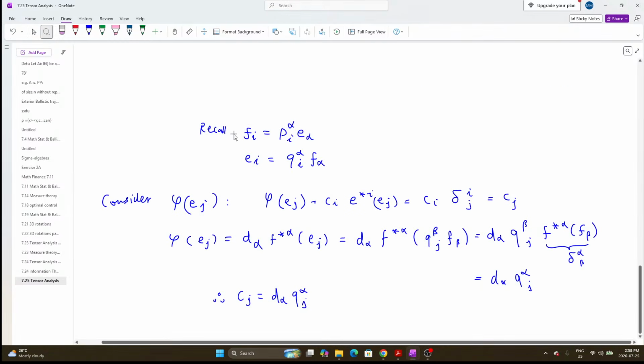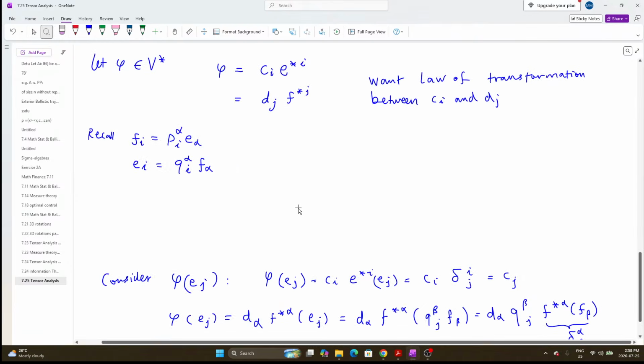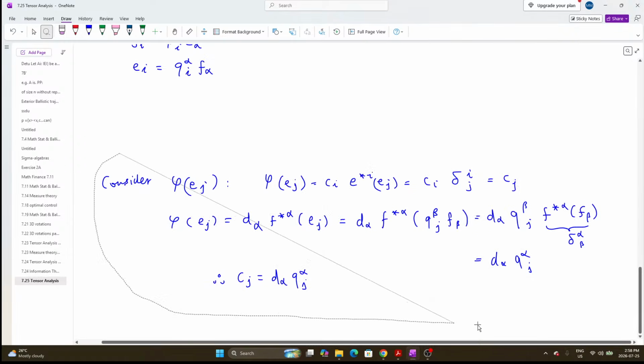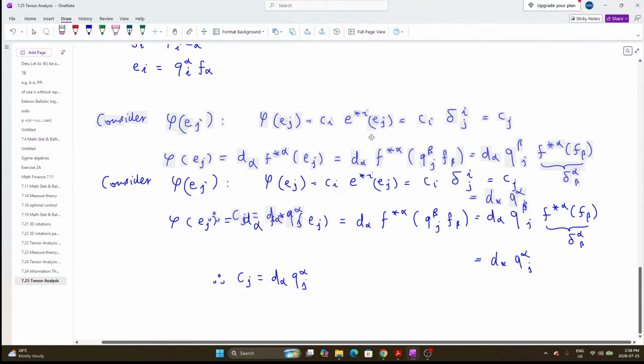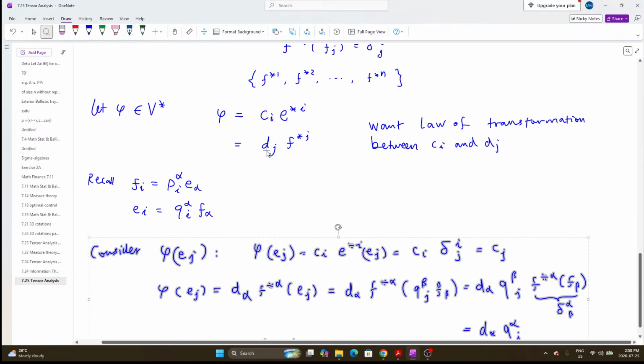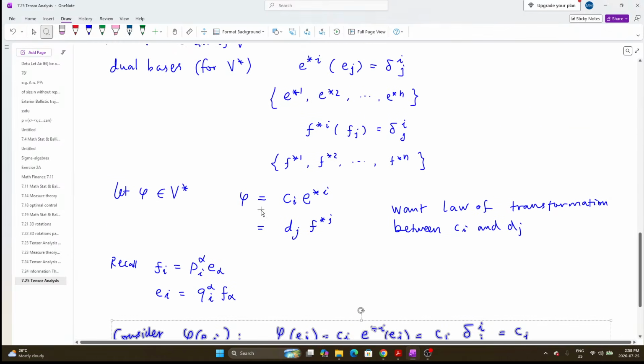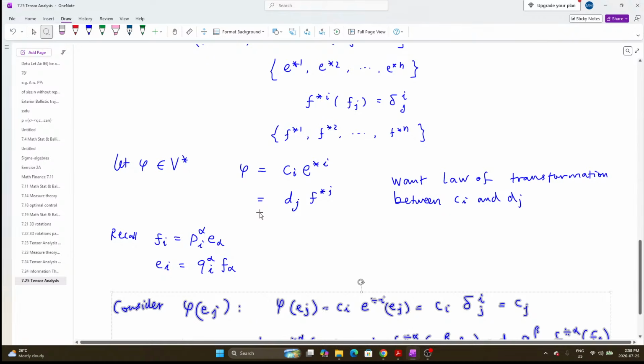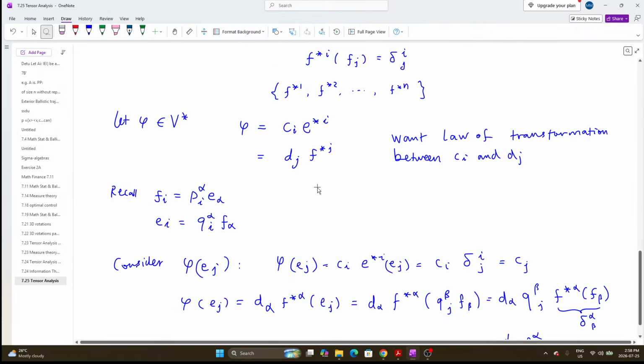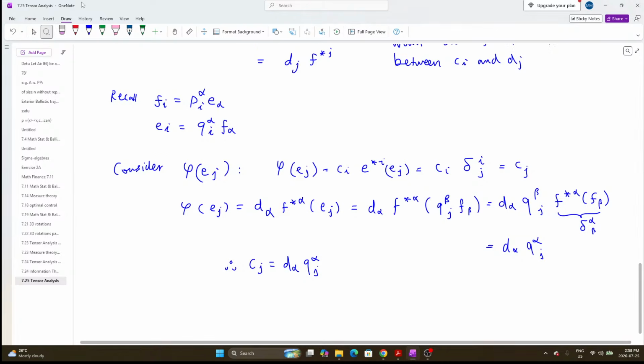So that's how we get the transformation law between the components of a one-form, or linear functional, same thing. Ci and dj are the components of phi, expanded relative to the dual basis.